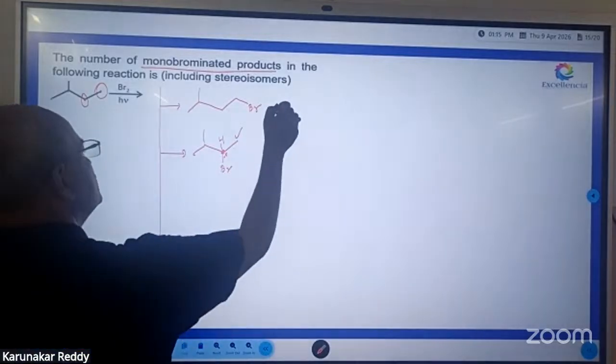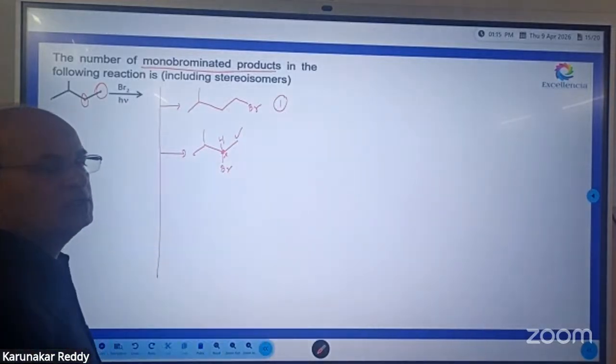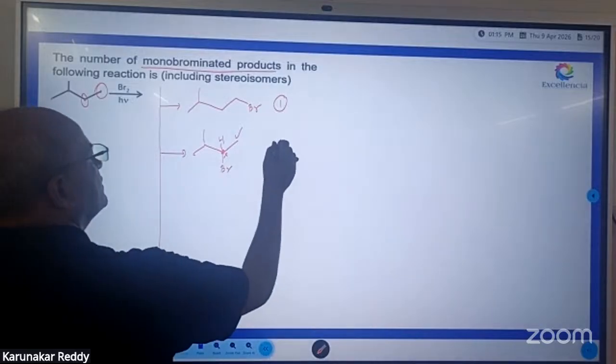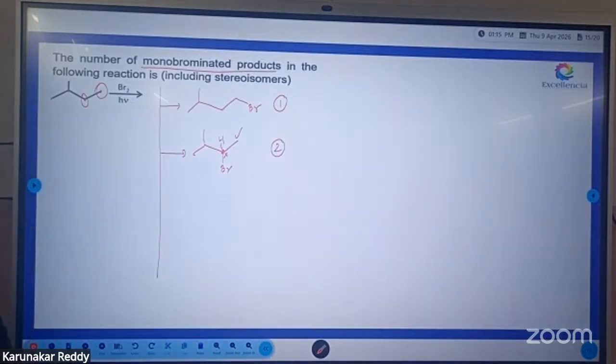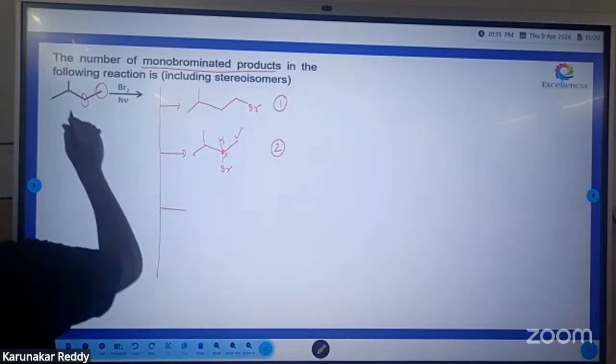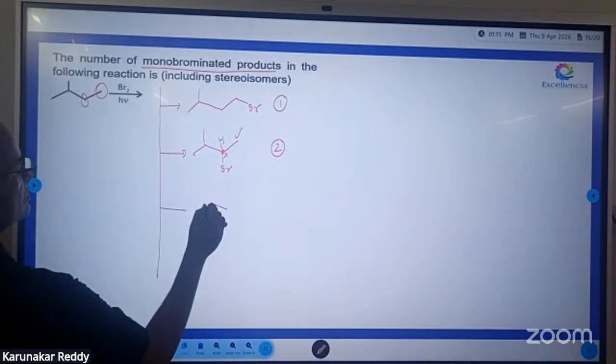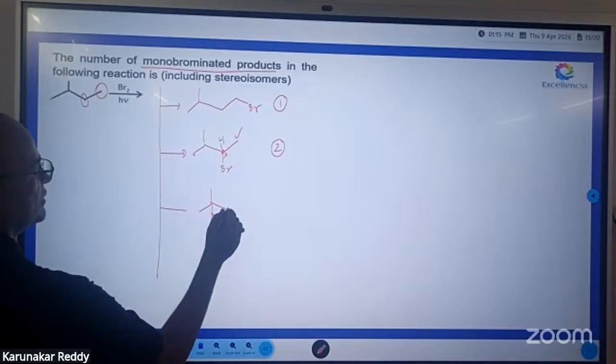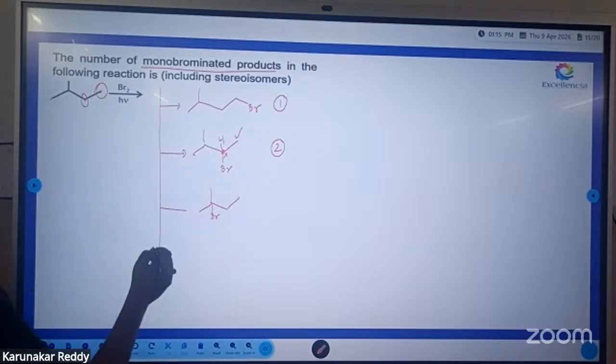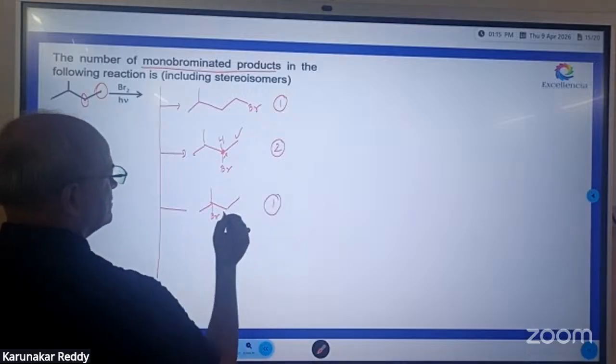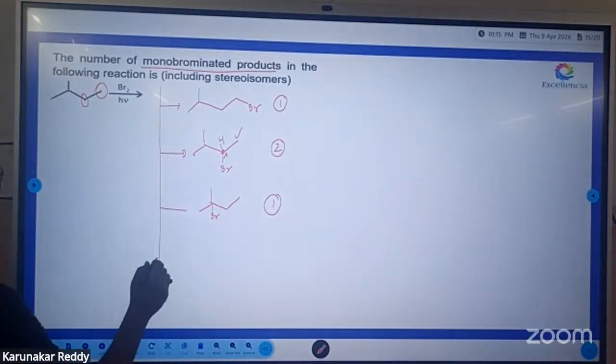So this one is going to have only one molecular structure, and here we are going to have D and L, which means we have 2 there. And once bromination occurs over here, we can write a bromine over here, then CH3. Still, it is not having any chiral carbons, so it is going to have 1.